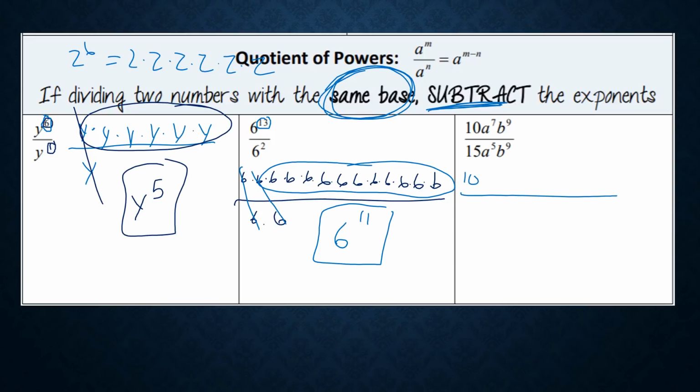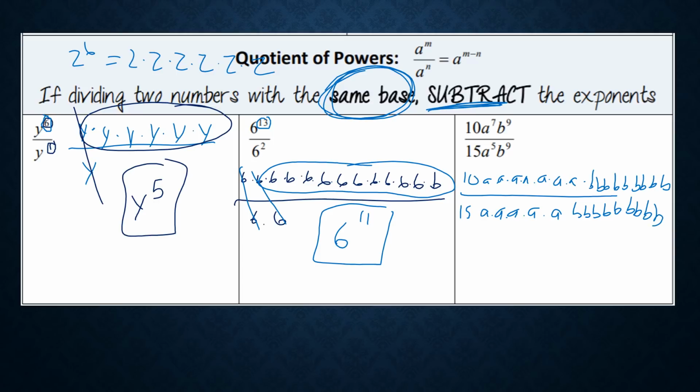We got 7 a's, so 1, 2, 3, 4, 5, 6, 7. 15, we've got 5 a's in the bottom. 1, 2, 3, 4, 5. And then we've got 9 b's. 1, 2, 3, 4, 5, 6, 7, 8, 9.